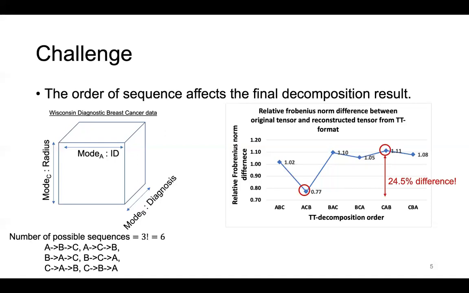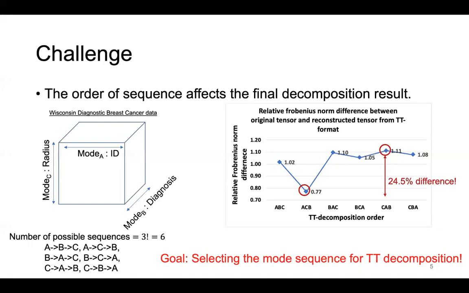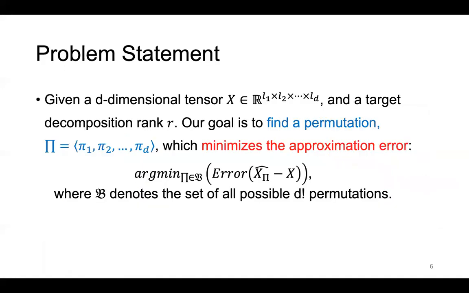So as we can see, there is about 25% difference if we select a different TT decomposition order. So our goal is: how can we select the mode sequence for the TT decomposition, so that this selection can achieve a better decomposition result? If we formalize our problem statement, it would look like this.